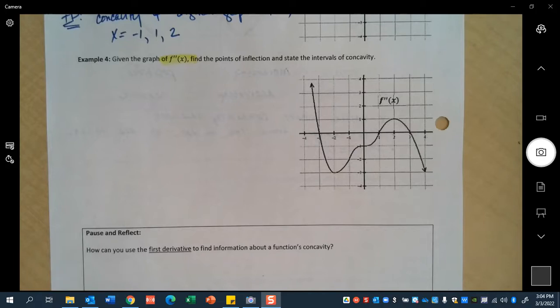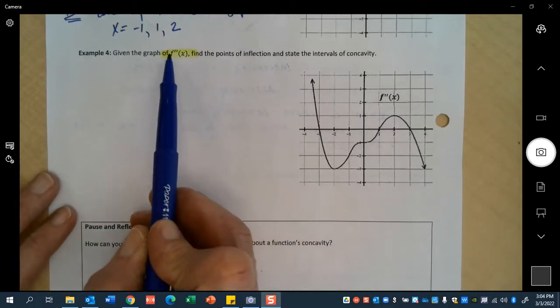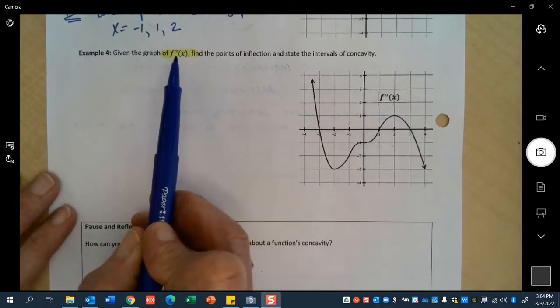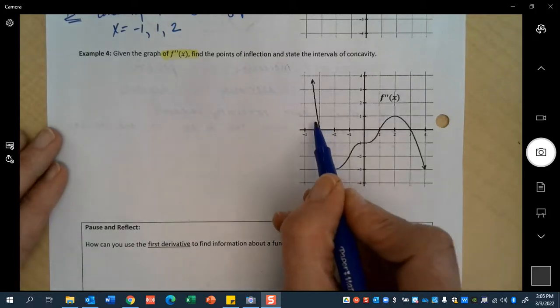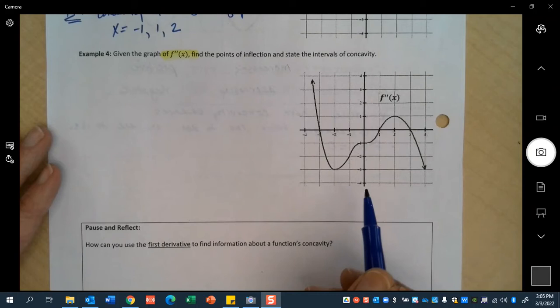All right, so let's go ahead and talk about this last example. And I want you to pay attention to the fact that you're looking at the graph of the second derivative. So when we're talking about the graph of the second derivative, you're really just talking about whether this is a positive or a negative value.